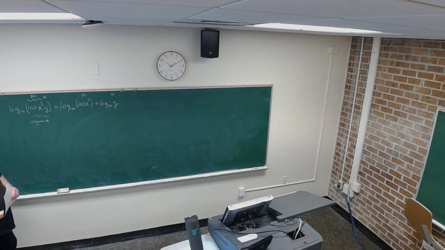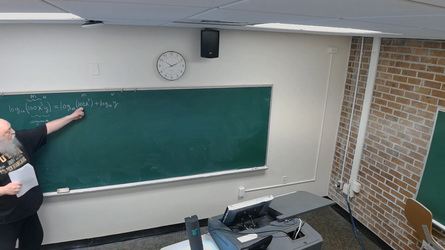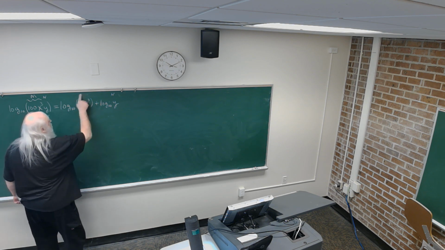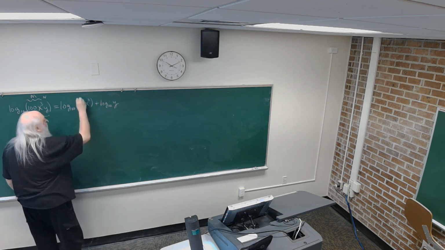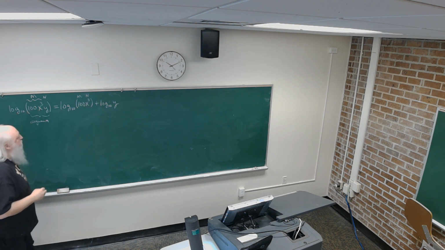Well, now I can apply the product rule to the log of 100 times x cubed. 100 is my m, and x cubed is my n.